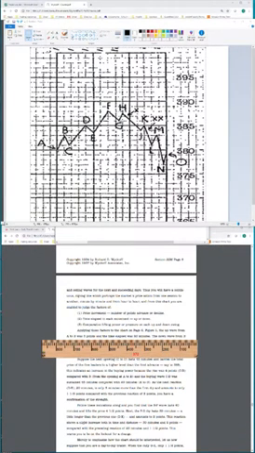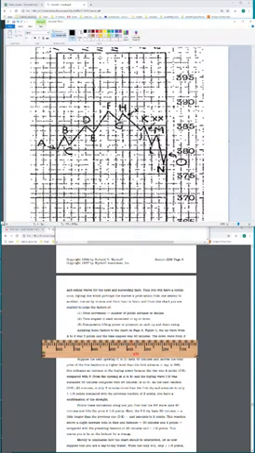So I'm going to start marking it up so it's very clear. I'll use red.